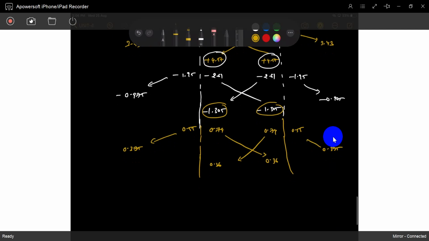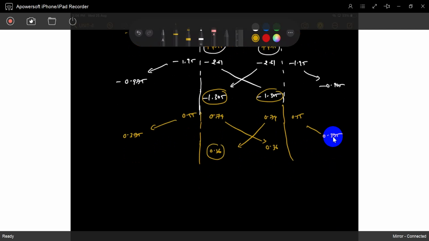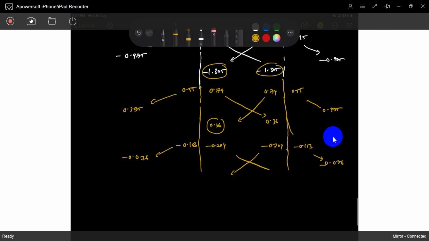Again settle: minus 0.153, minus 0.204, 0.204, minus 0.153. See, 0.15. So no need to do it again. Minus 0.076. So how low it is! That's it. No need to do carryover factors because that's enough.